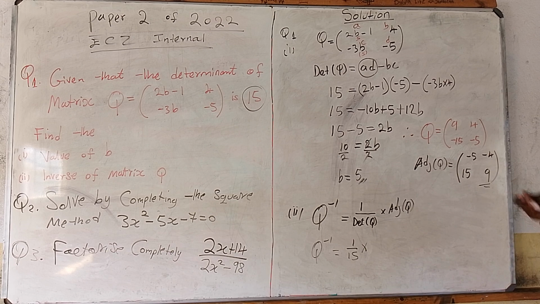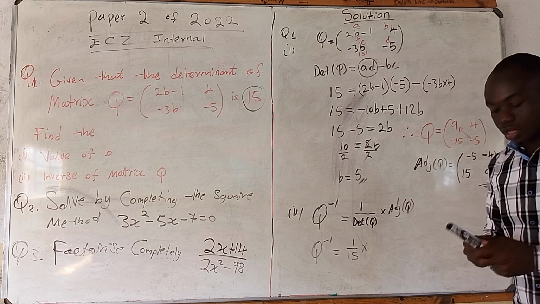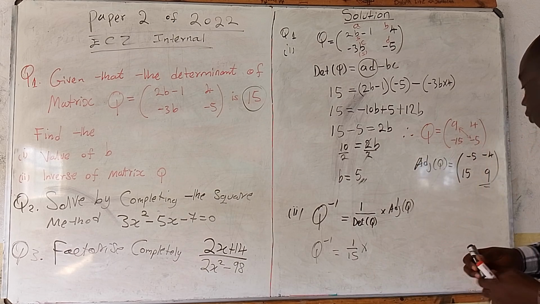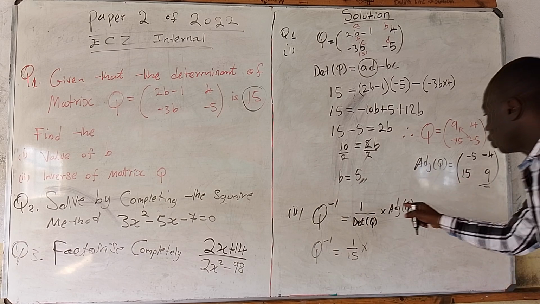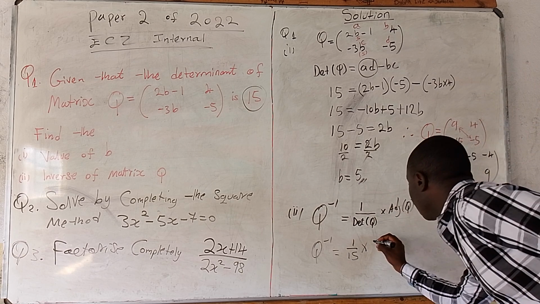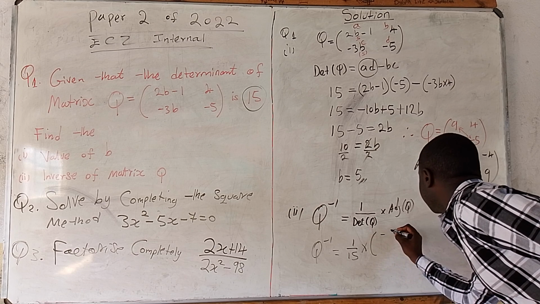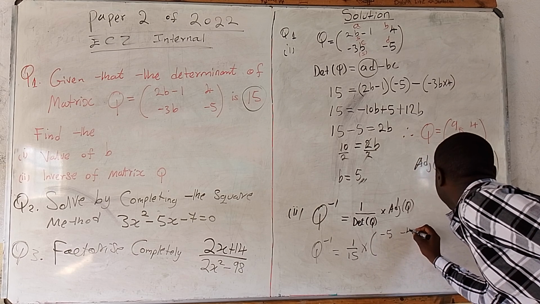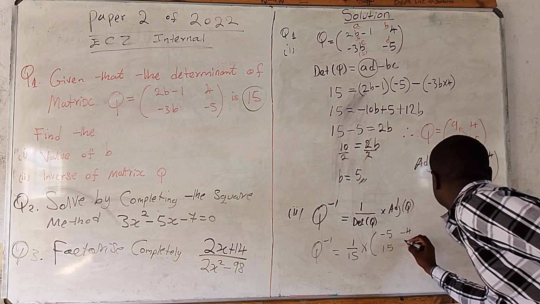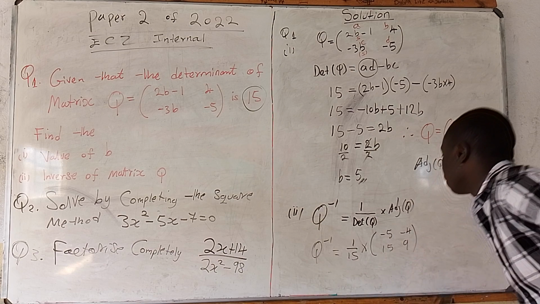So remember, you swap the major diagonal, then you multiply the minor diagonal by negative 1. So we substitute our adjoint matrix there, and this will give us negative 5, negative 4, 15, 9.